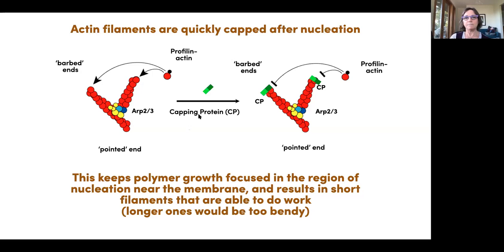And the capping proteins keep, so I showed you that movie just now where the filaments were growing super long in vitro, and that would not be very useful to cells because they would be too flexible to actually execute any movement. So by nucleating these branch filaments and capping them quickly, the cell generates these kind of short, highly dense meshworks of actin that have structural rigidity and can do work.